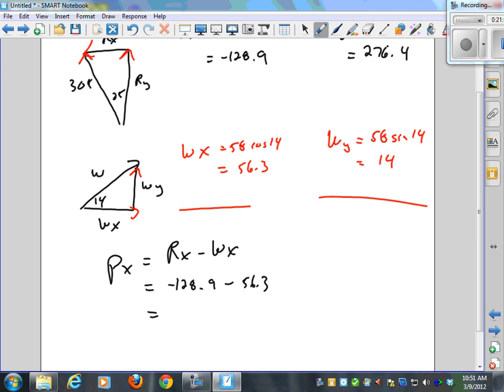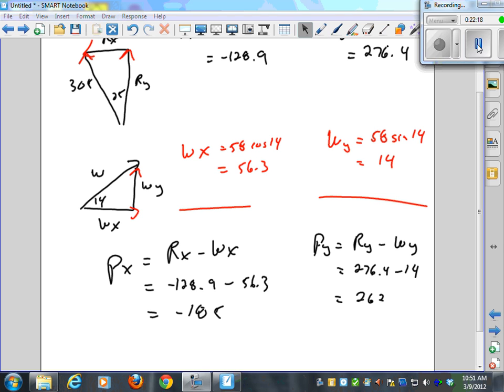And you get minus 185. Plane y is equal to resultant y minus wind y, or 276.4 subtract 14. 262. Okay, I think you guys can probably combine it from there, can't you?